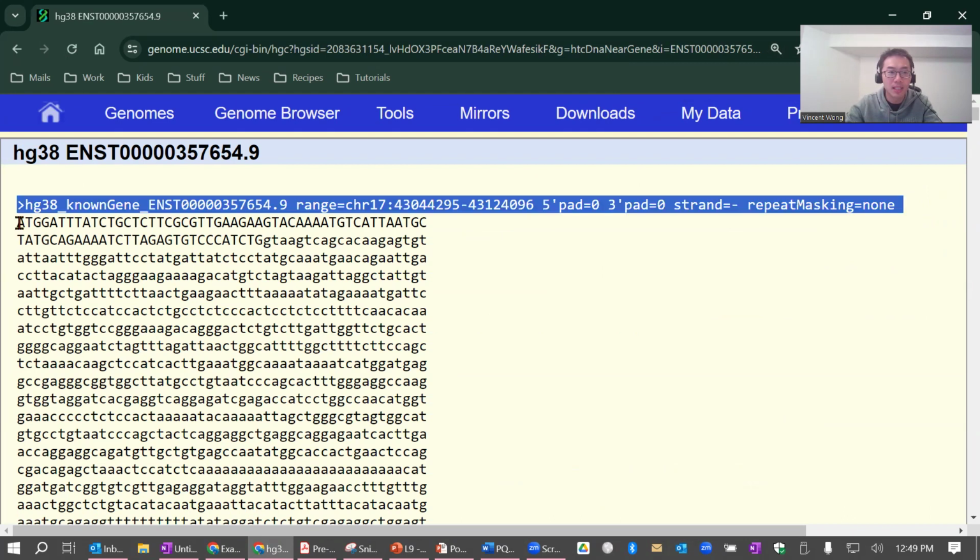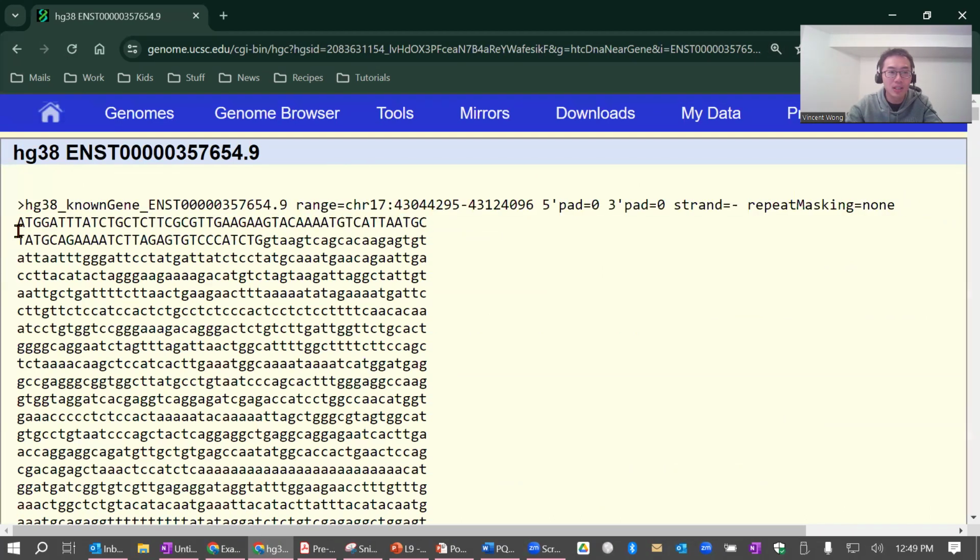And look at what it is starting with: ATG. If you do transcription of ATG, what do you get? This is the coding strand, by the way. Come on, you can do this. What is ATG?